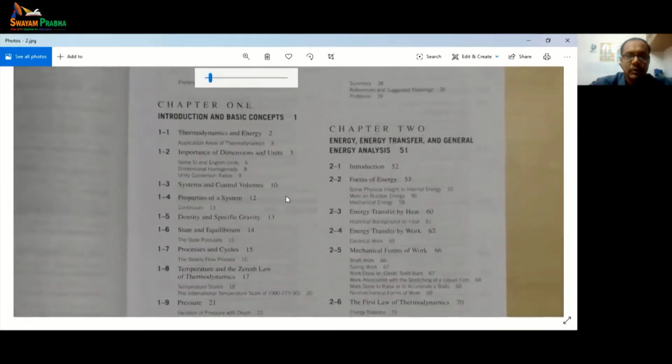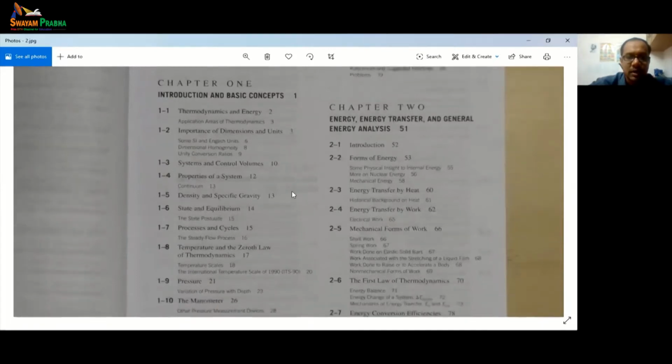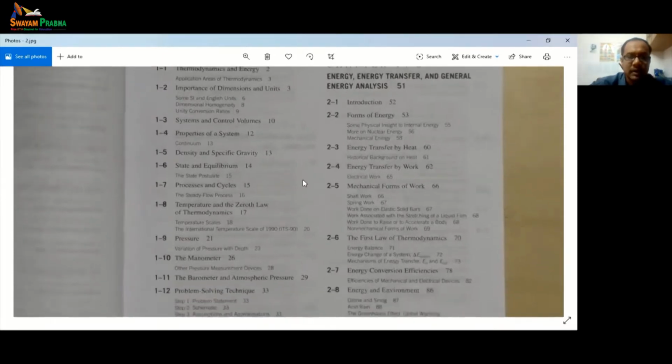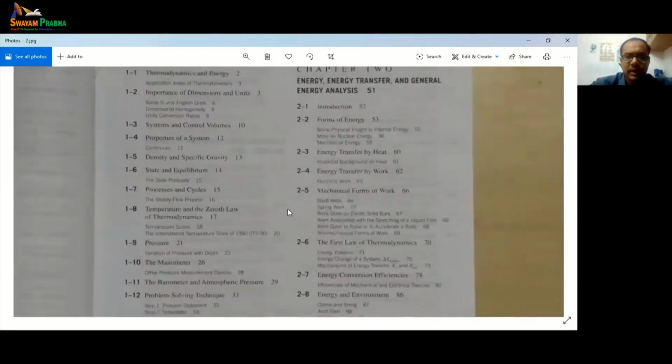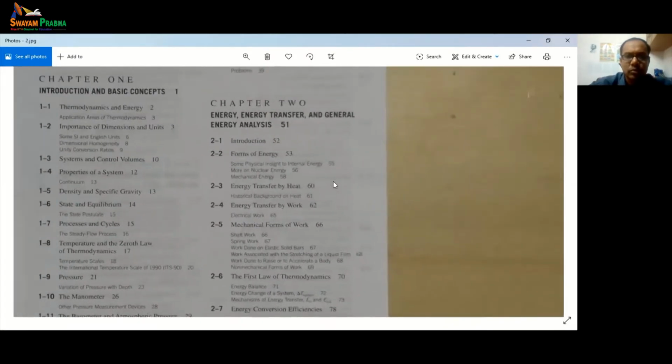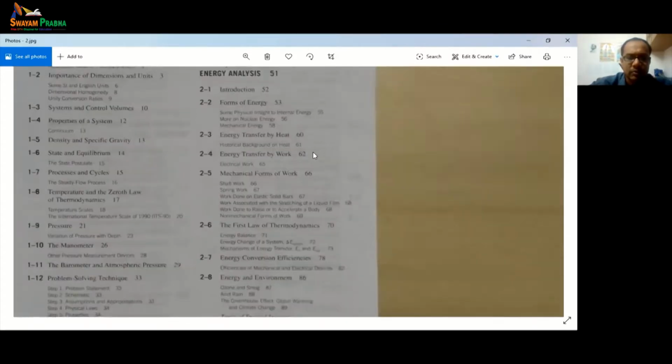Chapter 1 covered the introduction and the basic concepts, including the different definitions and units, and then how to measure pressure, temperature, etc. We solved a few problems from chapter 1, and we also solved a couple of problems from chapter 2, which talks about energy transfer and general analysis of energy, and also covers the first law of thermodynamics.